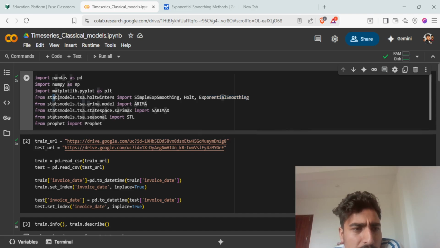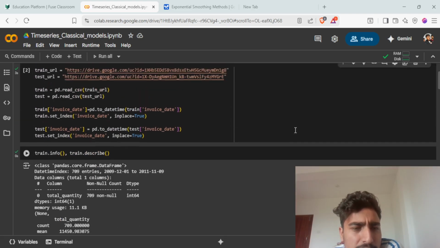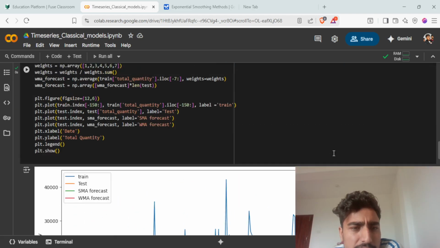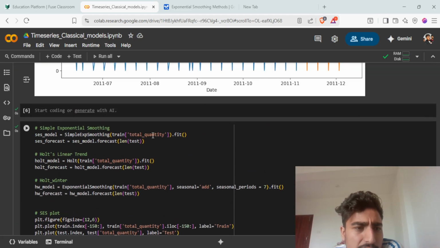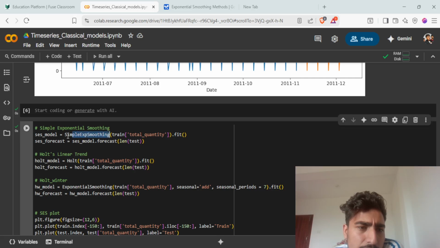I have imported it from statsmodels and just called it here, introduced it in the function, passed the training data and fit it.